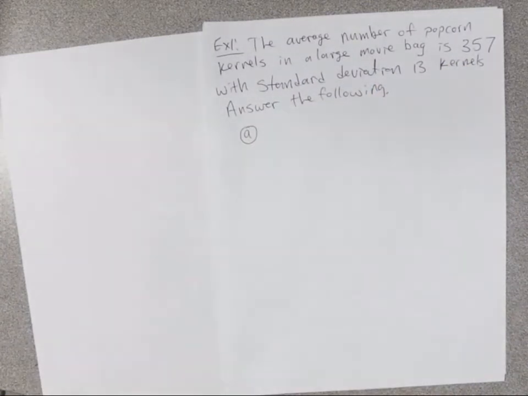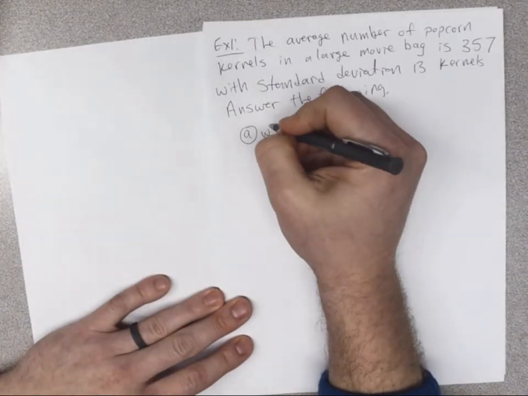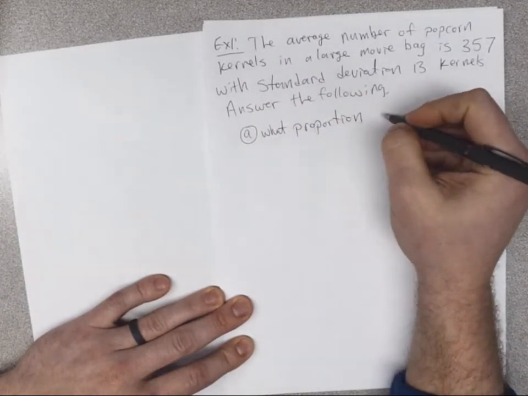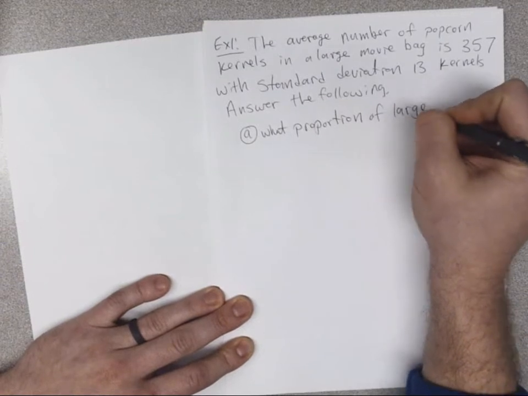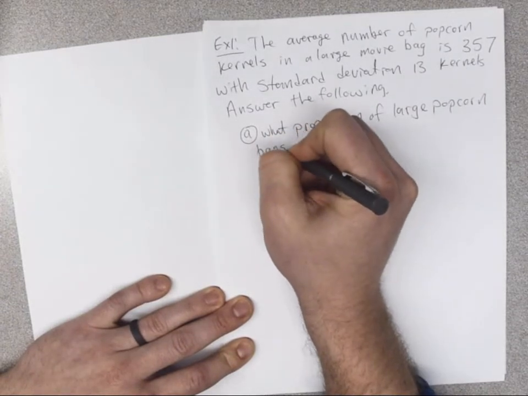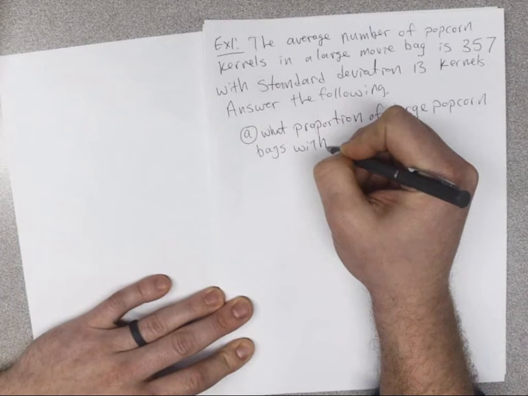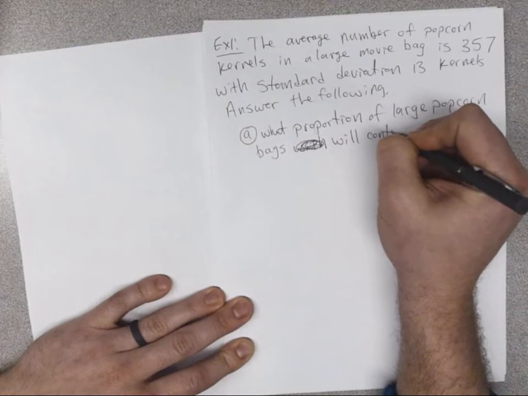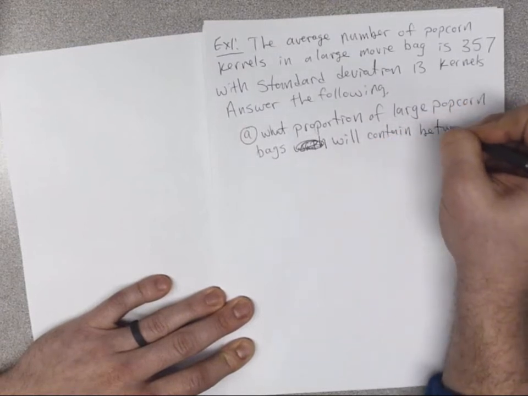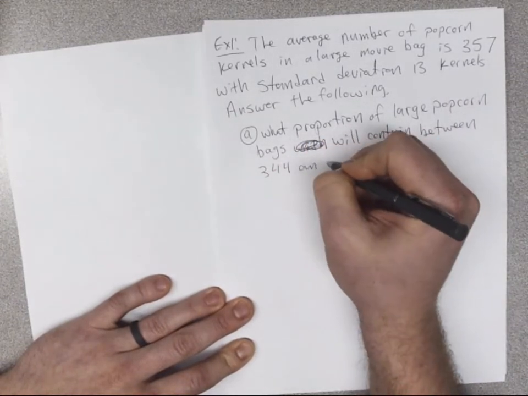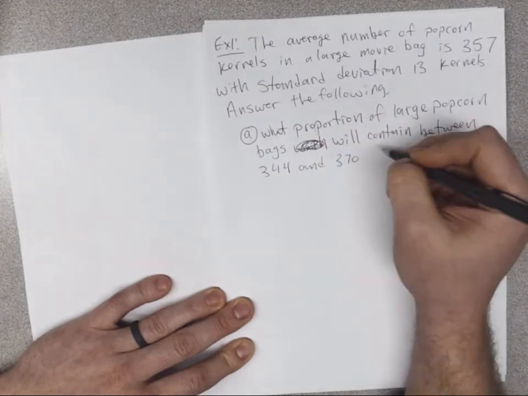And we'll do part A first here. Let's say what proportion of large popcorn bags will contain, that should be will contain, between 344 and 370 kernels?